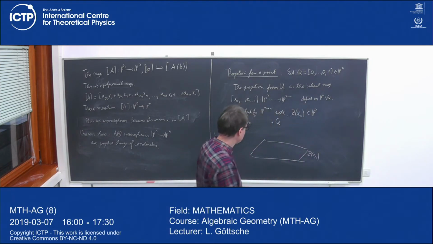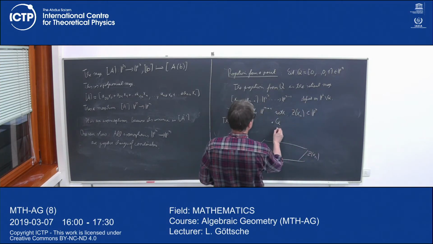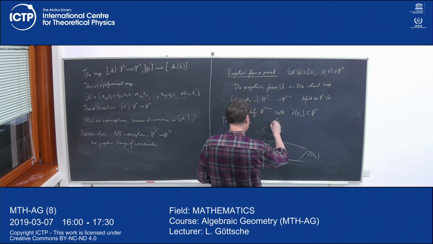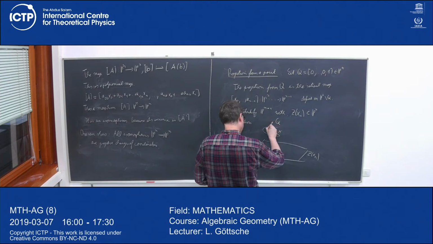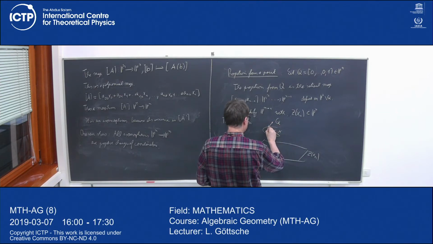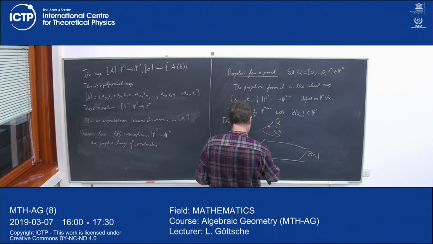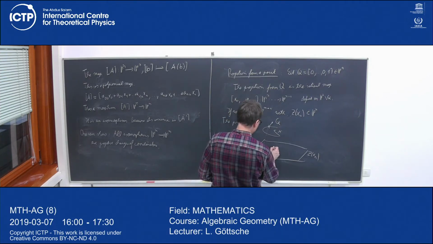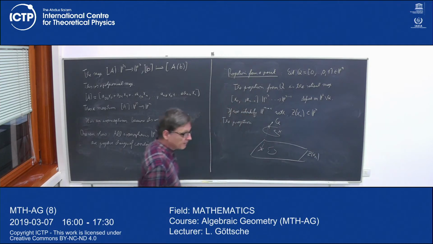And if we have any point x, then the map is given by connecting it with this point, and the line will hit this subspace, and this will be the image point. So we get something similar there.